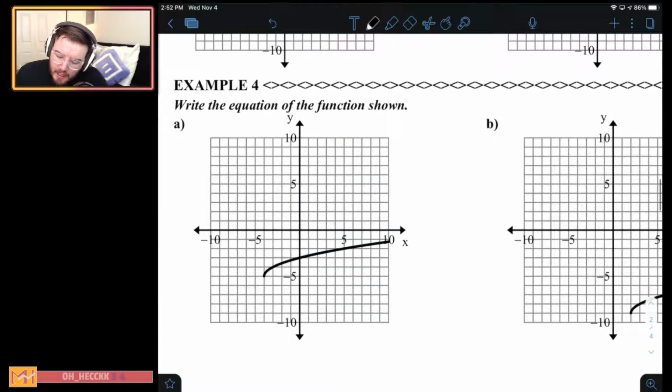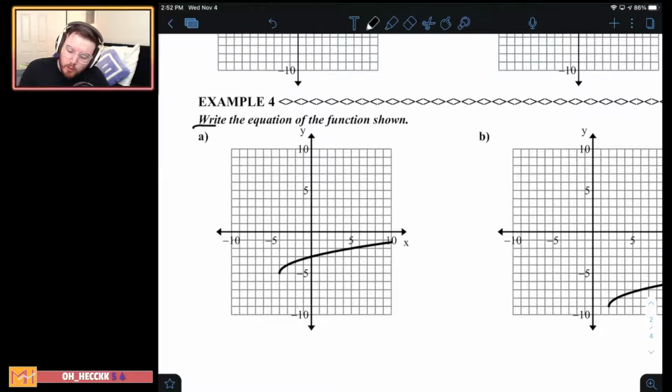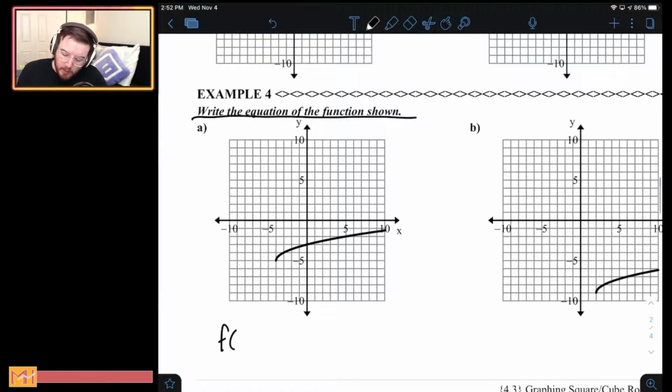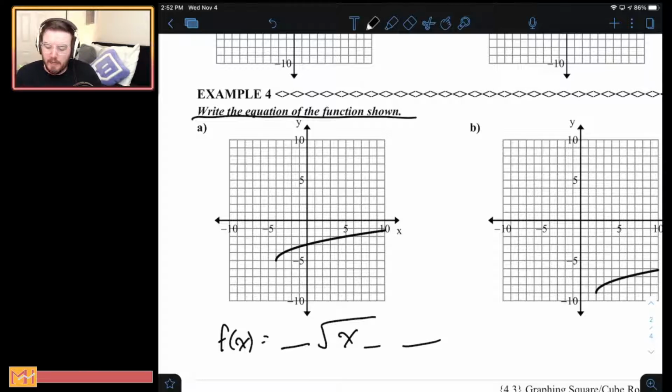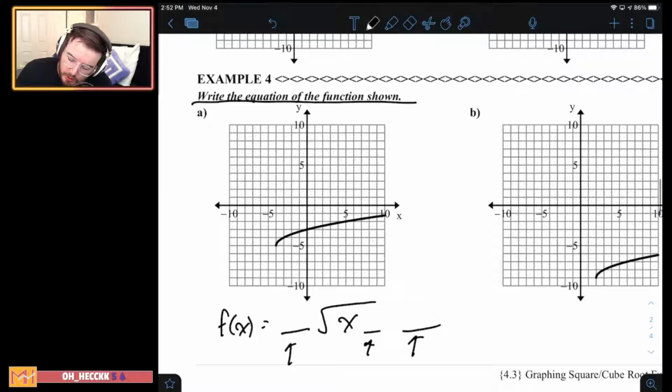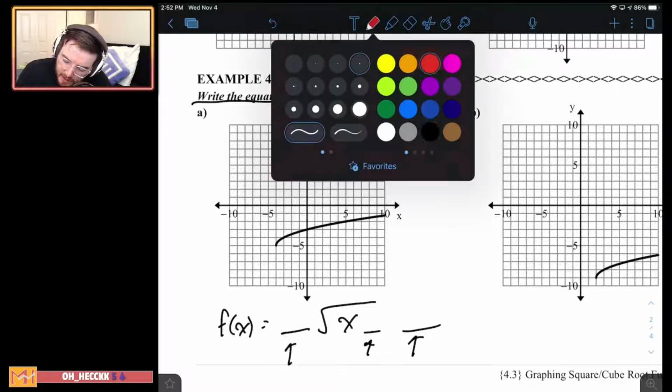So, when you look at this function, it's asking us to write the equation. It's already been graphed, but we want to come up with the equation. Let's fill in the blanks. Is there a stretch or shrink? Did it move left or right? Did it move up or down? Let's fill in all those blanks. So let's have a look.